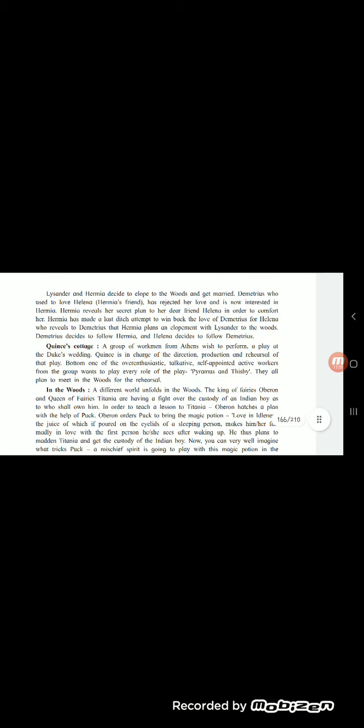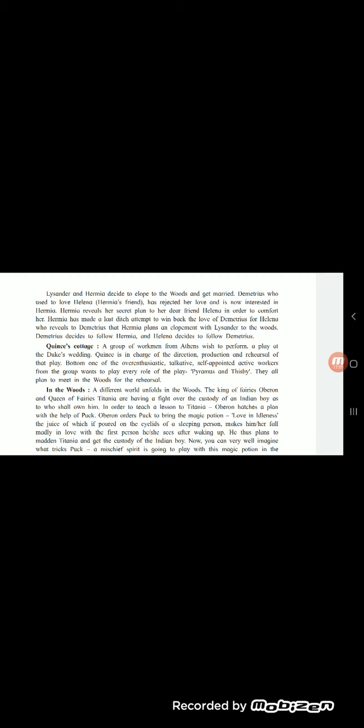Now, as I told you, the story takes place at different places. There is another place, Queen's Cottage, a small settlement. Queen, if you remember, is one character, a player who is going to perform a play. At Queen's Cottage, there is Queen and there is another character, Bottom.